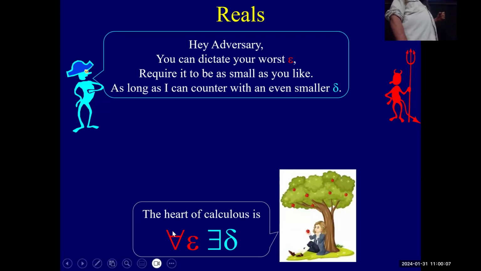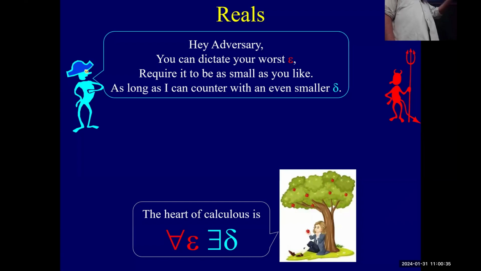And what are we saying? The adversary can give us, it's a for all epsilon. So the adversary can give us any little epsilon that he wants. And it's going to be small, small, small. He can give it as small as he wants, and we're okay with that. He can give us his worst case epsilon as long as after he tells us the epsilon, we get to come up with delta.